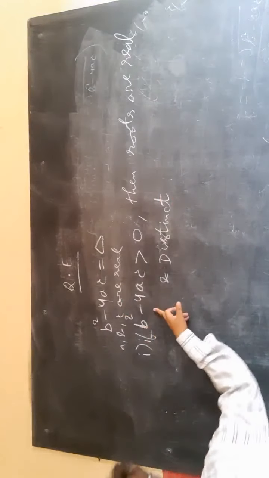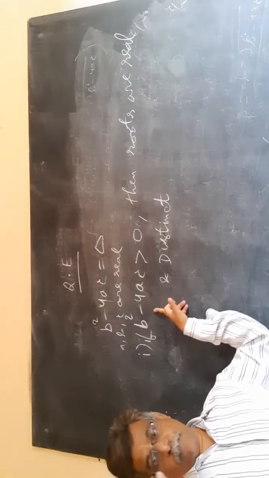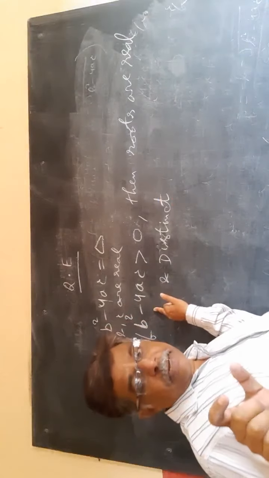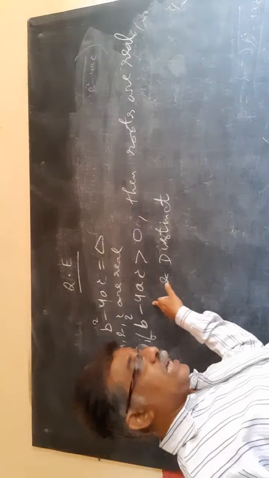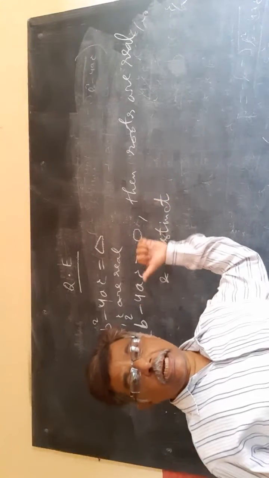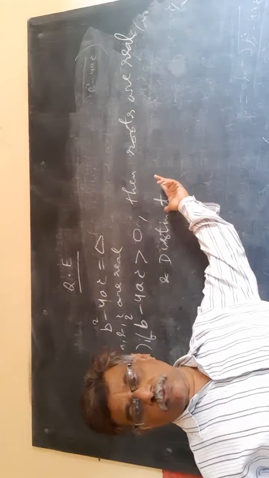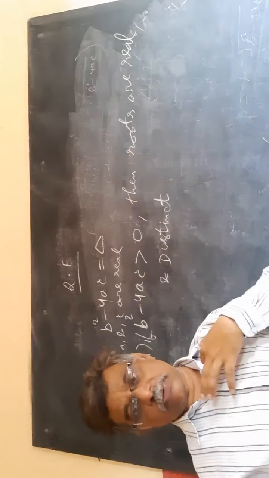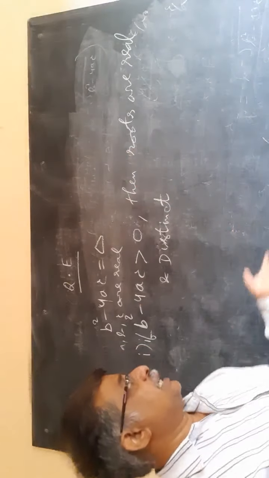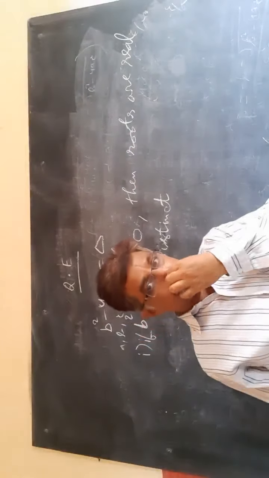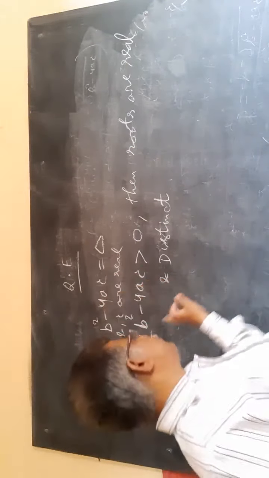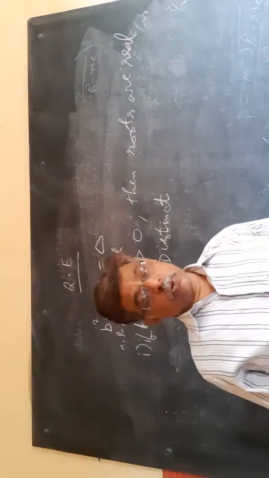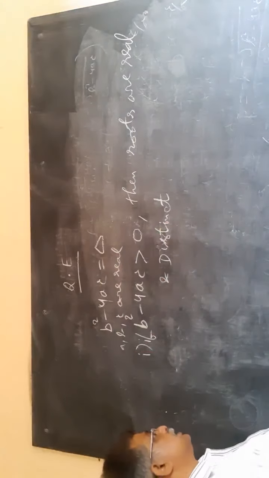Because this is greater than 0, we will get a real number inside the root, no complex number. So both the roots are real roots. Two different roots: one is minus b plus root of b square minus 4ac by 2a and the other is minus b minus root of b square minus 4ac by 2a. So if b square minus 4ac is greater than 0, the roots are real and distinct.